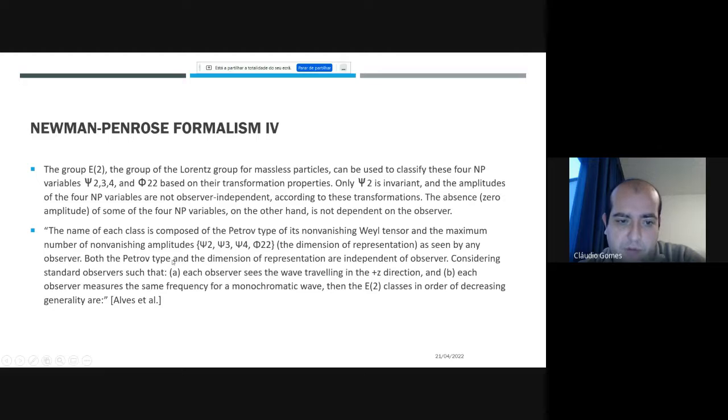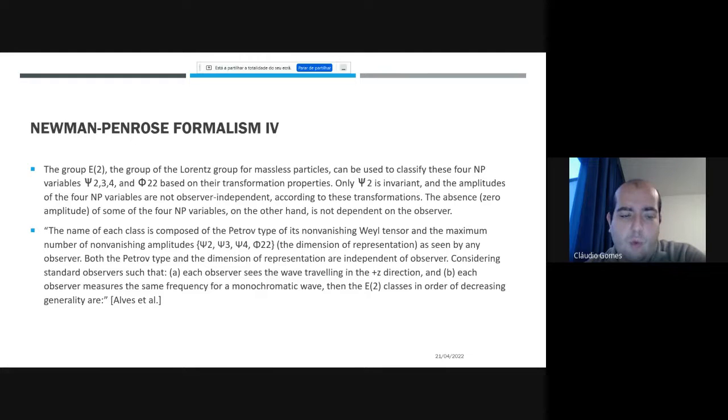Both the Petrov type and the dimension of representations are independent of the observer. Of course, we are considering, for simplicity, that the wave is propagating along the z direction, and we are looking at the same frequency for any monochromatic wave.